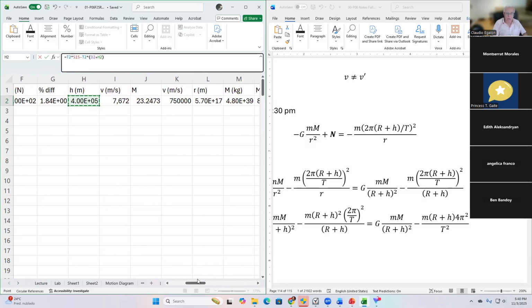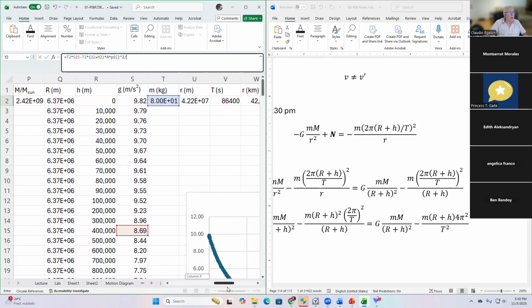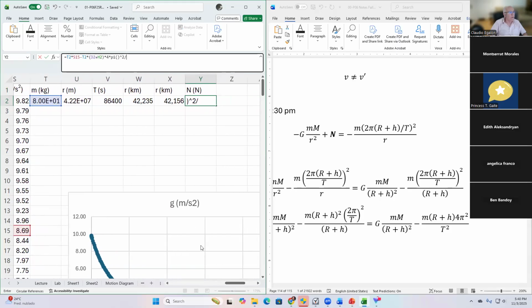Close parenthesis, 4 pi squared divided by T squared. We already have T here from the previous problem.